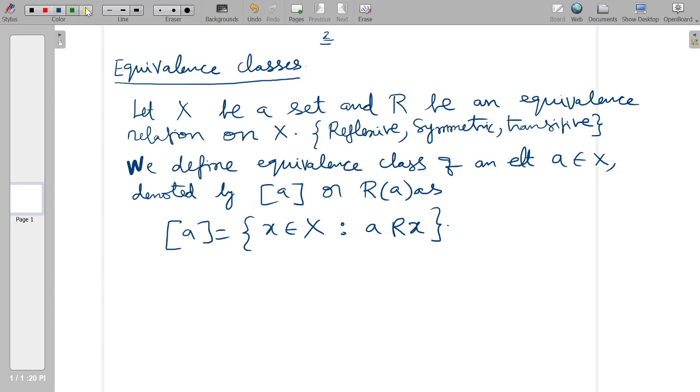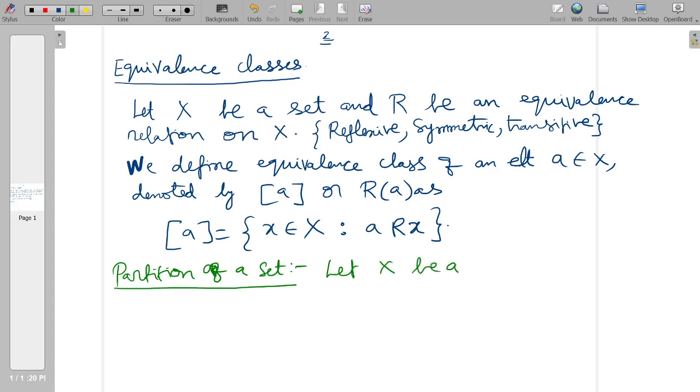Now you should also know what is meant by a partition of a set. Let X be a set.